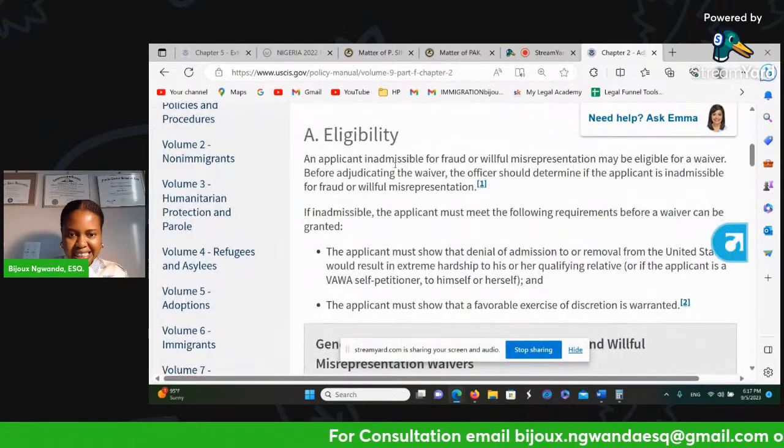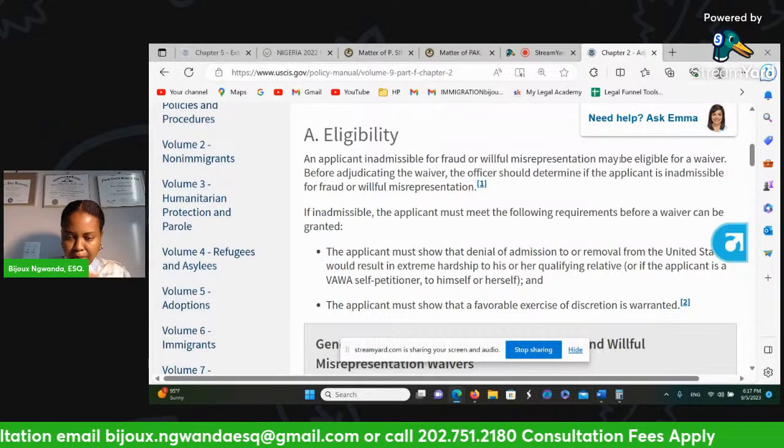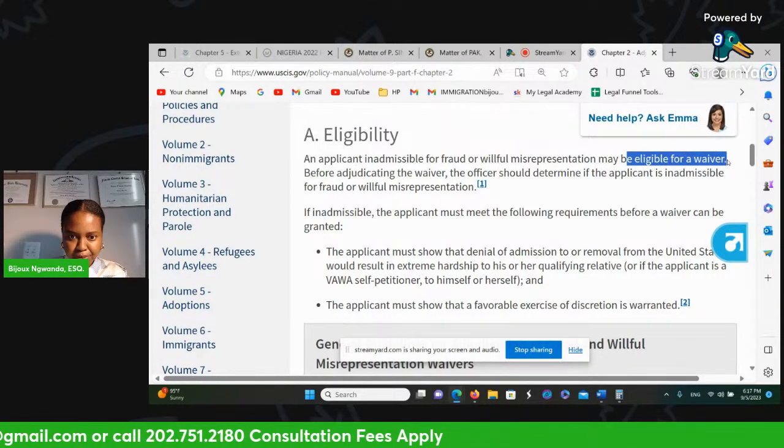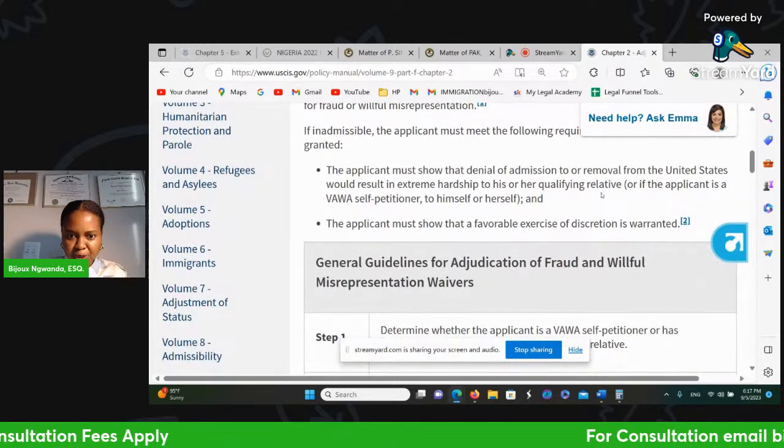An applicant inadmissible for fraud or willful misrepresentation may be eligible for a waiver, okay? However, how are you going to get the waiver?